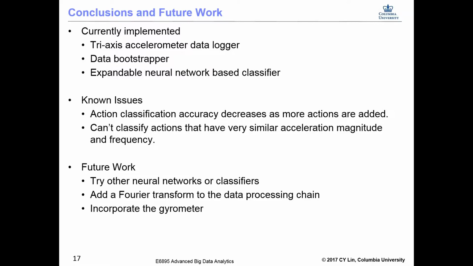Now, the classification works for the three actions we've looked at, but through testing we've also noticed that the action classification accuracy decreases as more actions are added. So if there's 5 or 6 or 7 actions, the accuracy starts to decrease pretty dramatically. And Swift-HAR also has difficulty classifying actions that have very similar acceleration magnitudes and frequencies.